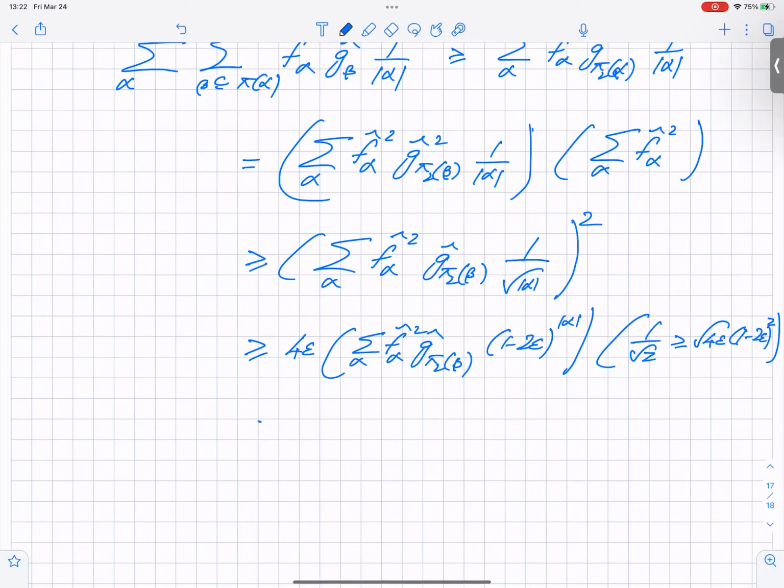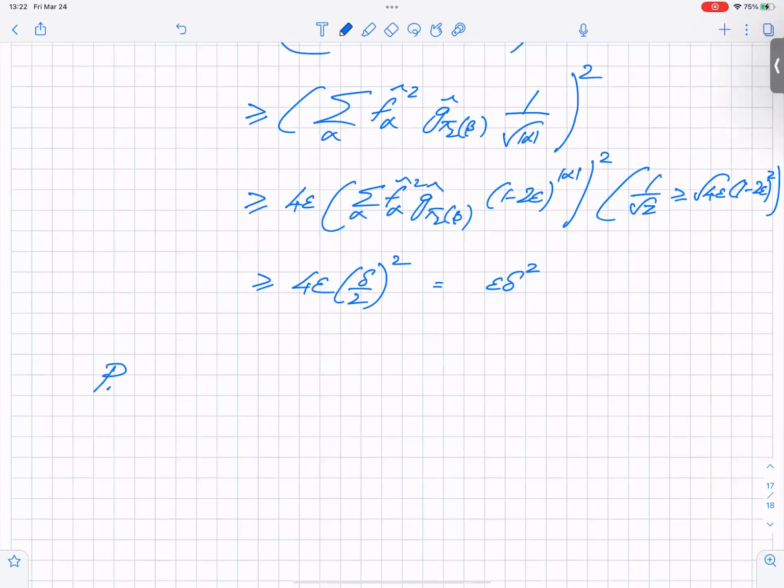For every epsilon. Therefore, this is 4 epsilon. There's a square here. Delta by 2. So for at least delta by 2 fraction of edges, this is satisfied. Therefore, probability over u, v and the edge that phi of a u equals b v is at least delta cube epsilon by 2.